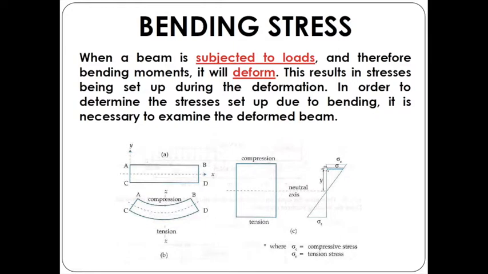So as you can see here, we can also draw the stress block diagram for our beam, whereas we are going to have sigma C, compression, on top, and sigma T, or sigma for tension, at the bottom. So this is for a typical deflected beam. These are the values that we are going to determine in the bending stress analysis.